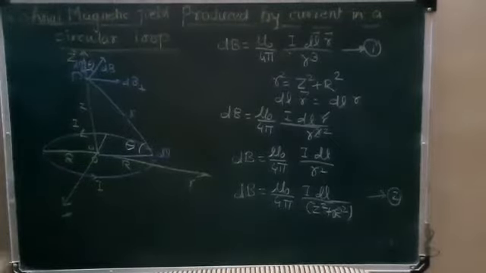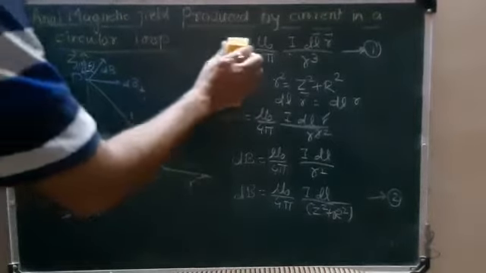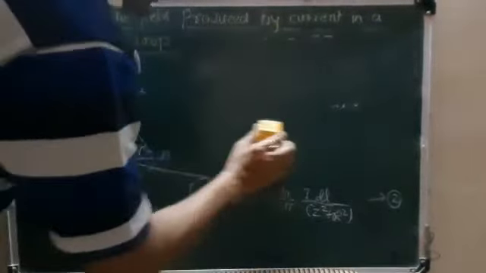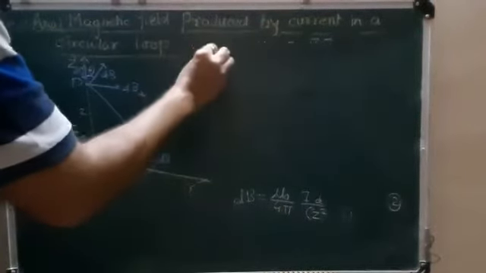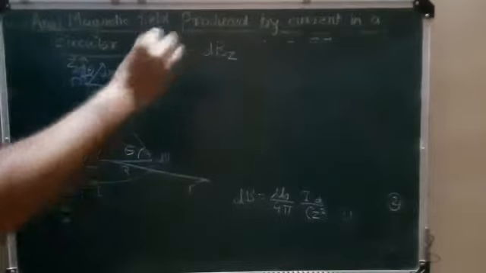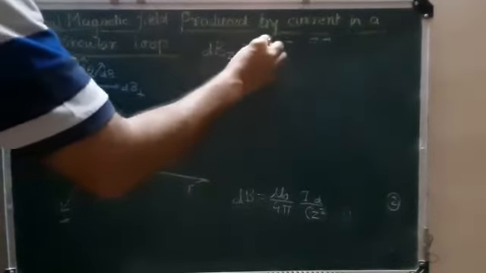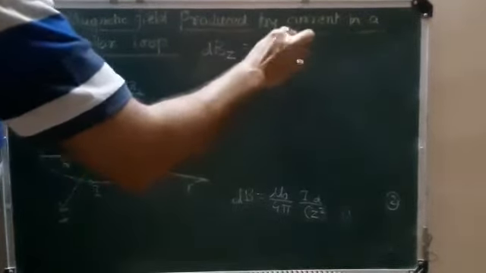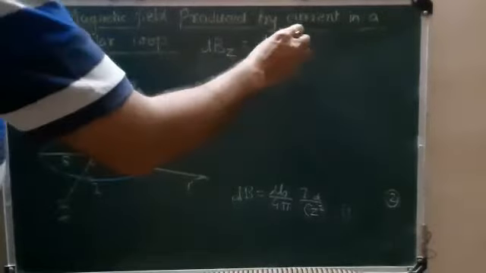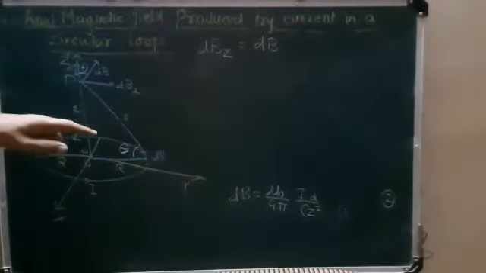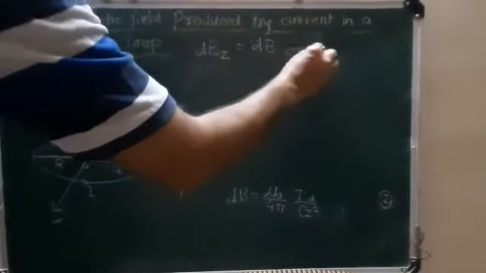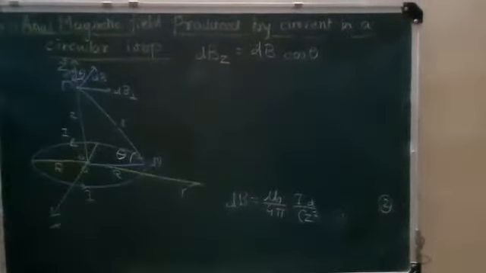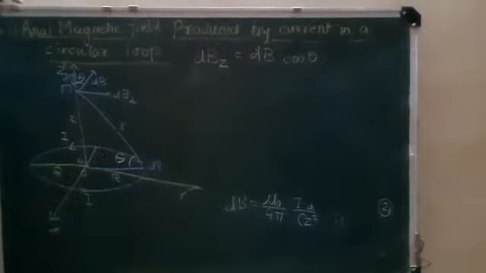Then only one magnetic field of induction exists, that is dBz, and that dBz will be equal to dB into cos theta.